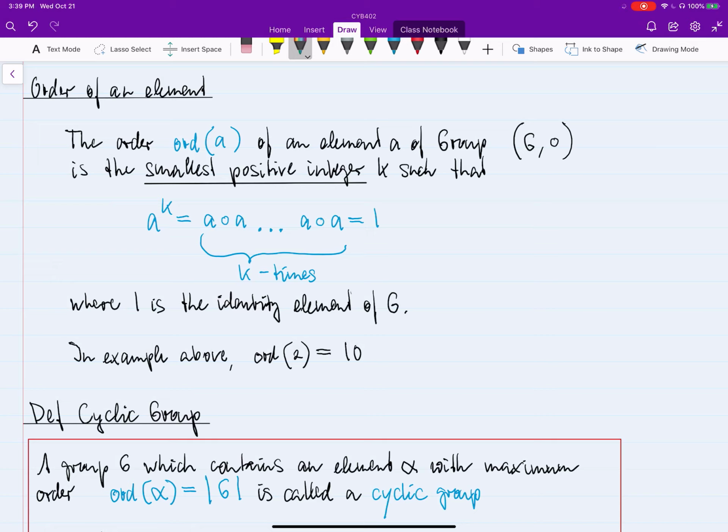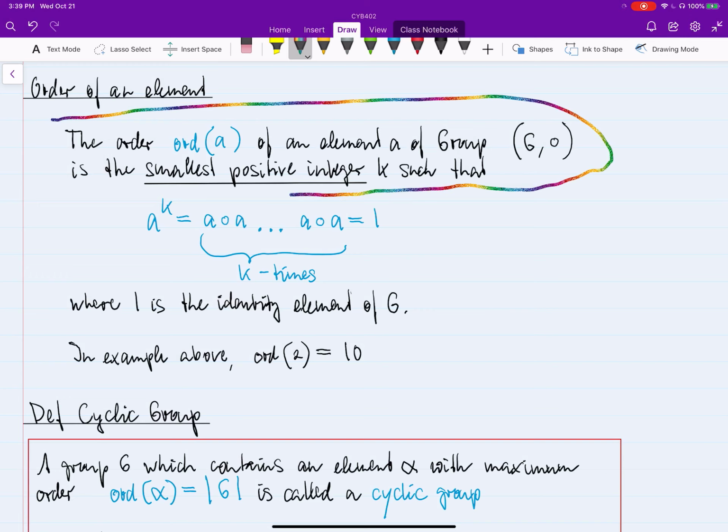It would be desirable if the order of an element is equal to the order of the group. What do we mean by the order of an element? The order of an element a of a group is, and this is important, the smallest positive integer k such that the element to the power of k yields 1.